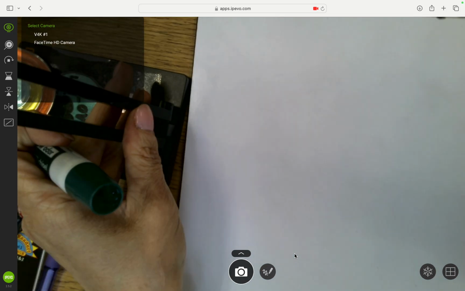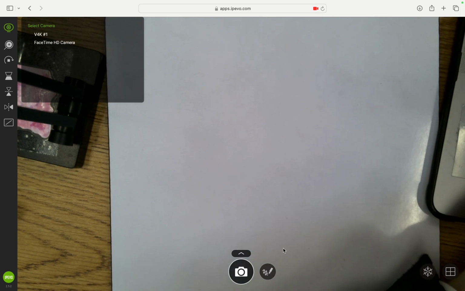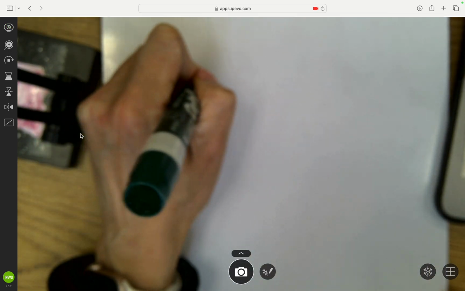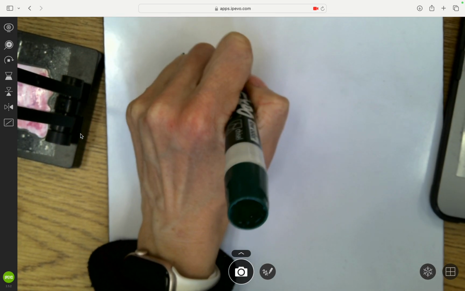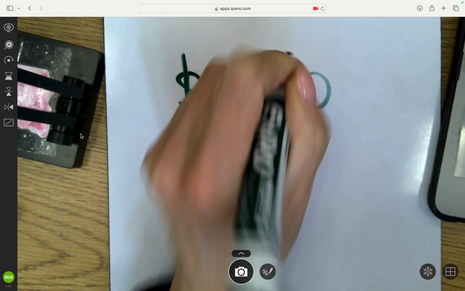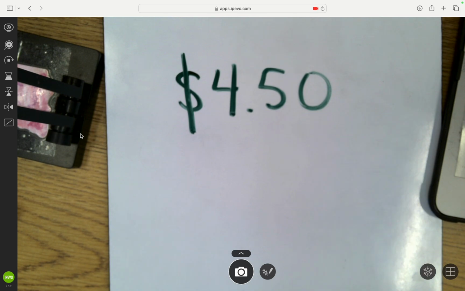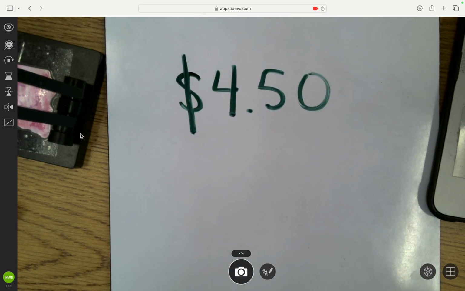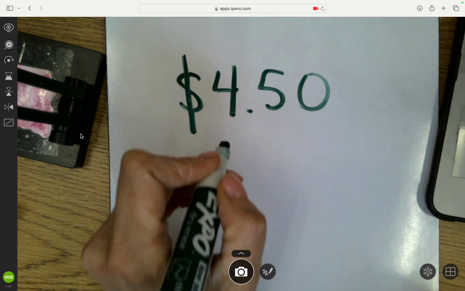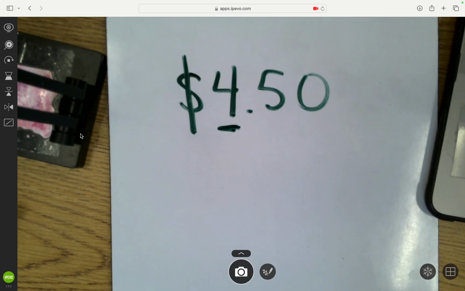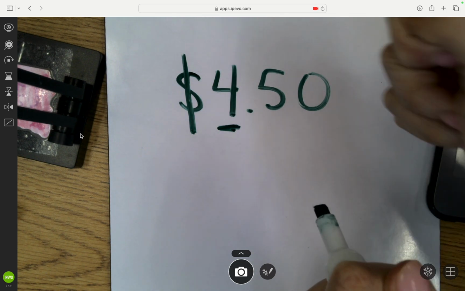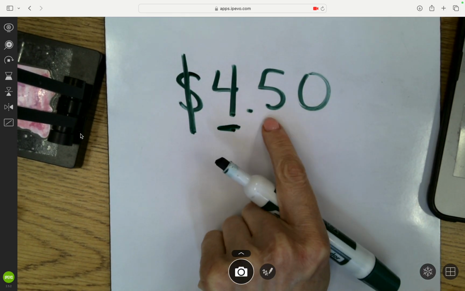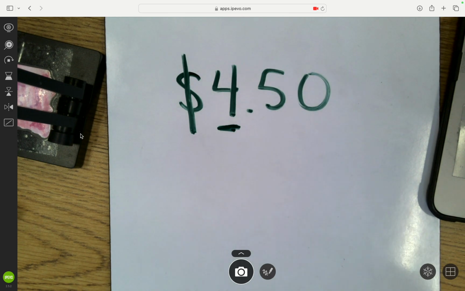I said, for example, if you go out shopping, and you didn't know what a decimal was, but I asked you, did you ever see this kind of dot here when you're shopping, something that's $4.50? So the $4 represents the whole, right? $4 bills. And then 50 cents is part of a whole, okay?